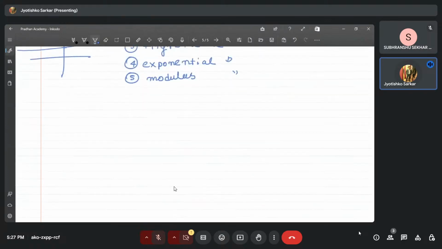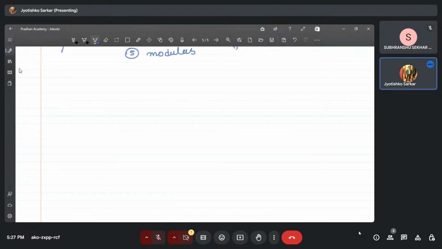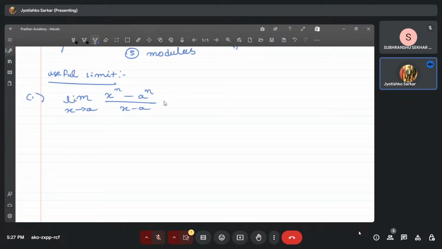And the useful limits. Useful limits. Number 1, limit x tends to a, x to the power n minus a to the power n divided by x minus a is equals to n a to the power n minus 1.